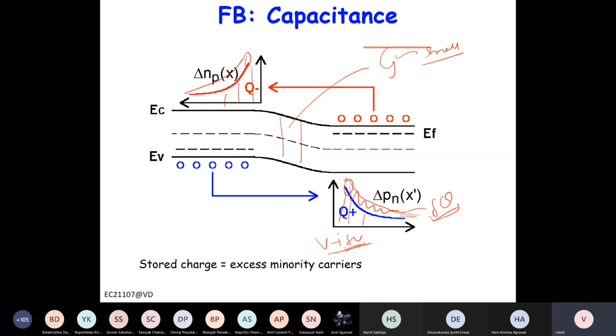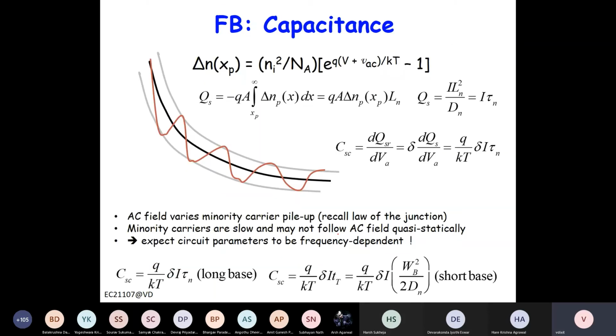So let us try to write the expression for it. Delta N can be written as Ni square by Na, which is basically the minority carrier concentration. This is P type, so it is Np0 exponential qV by kT. Now V, you can write as total voltage.